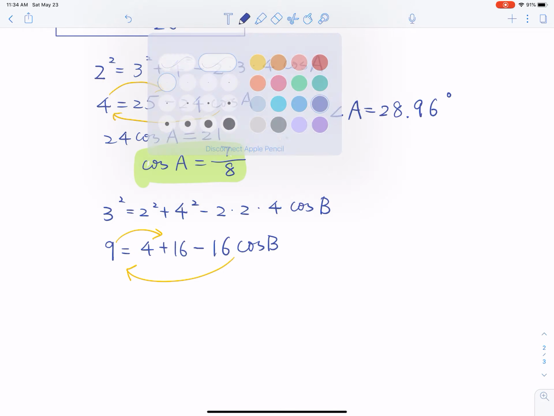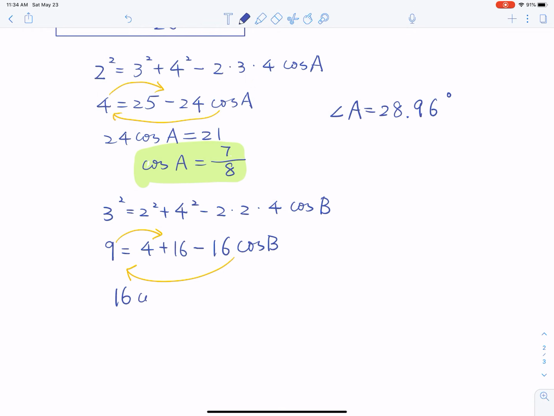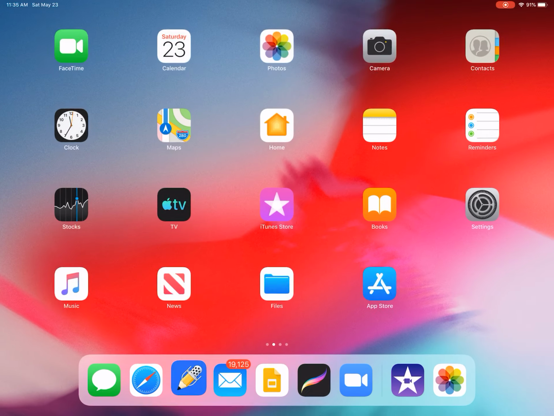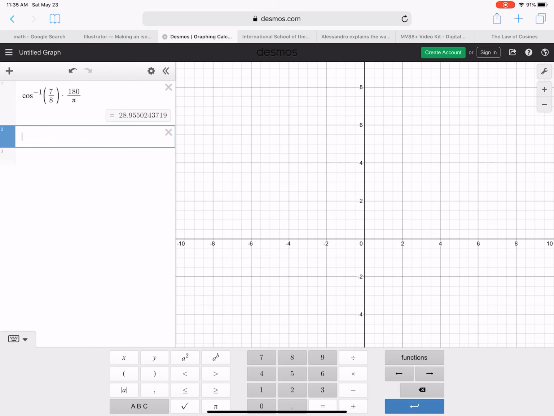Right, this is what I do. So 16 cosine B equal to 20 minus 9 is 11. So cosine B equal to 11 over 16. Important. 11 over 16.